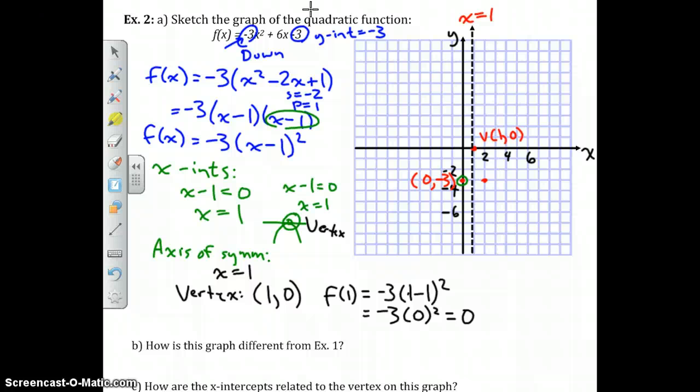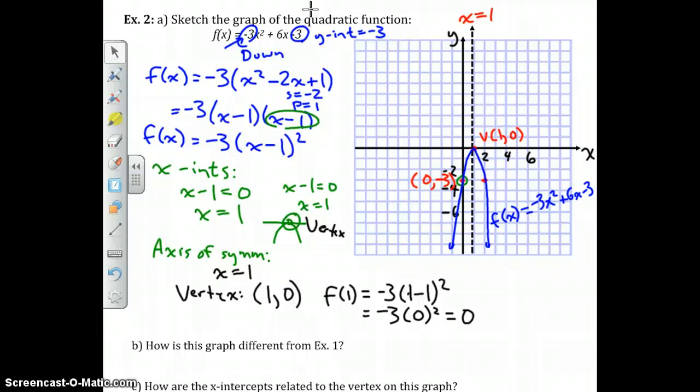We go from our vertex through there, vertex through there, and we get our parabola. The last step is to put our original equation onto that graph: f of x equals negative 3x squared plus 6x take away 3. That is our graph for this.